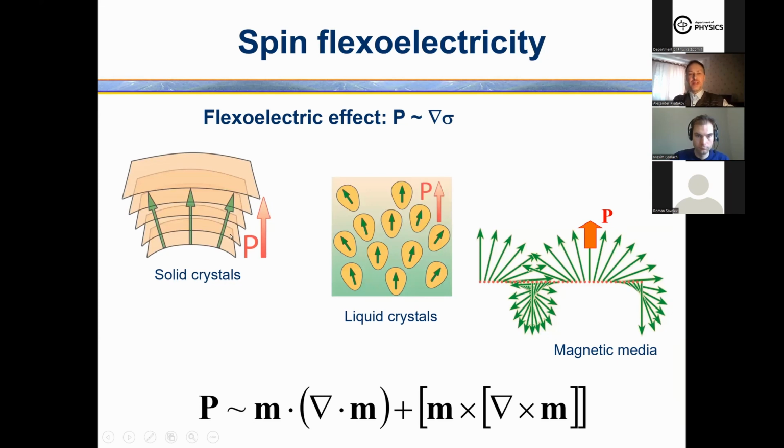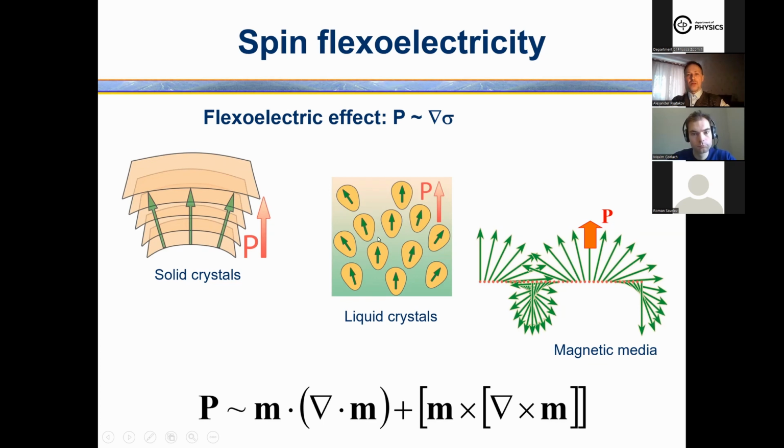So this is the symmetry analogy between the bending of solid body and the special molecular structure in liquid crystals. They form the same cycloidal ordering for the nematic director, and cycloidal ordering of magnetization or antiferromagnetic vector.